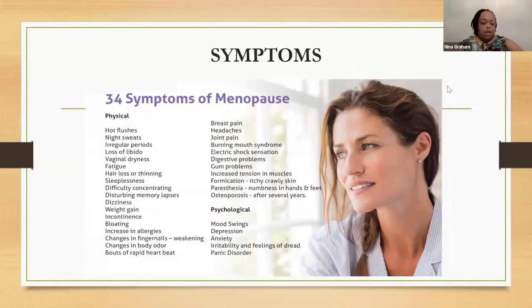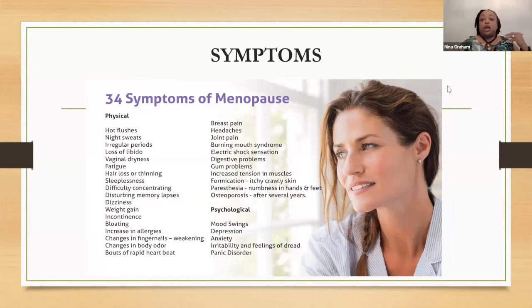So what are some of the symptoms? This is a list of symptoms. And you can go through that. Common ones are irregular periods, the hot flashes, the night sweats.